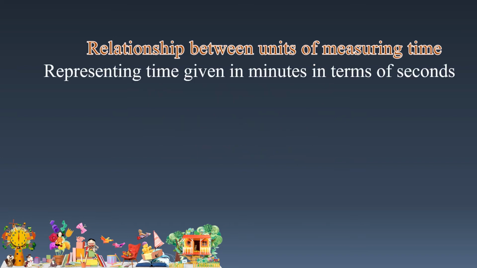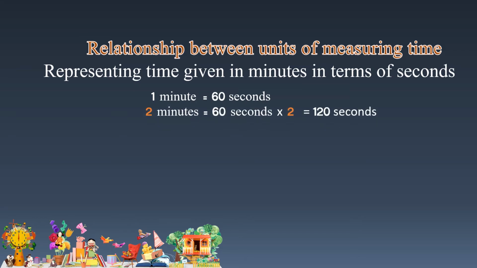Next, we are going to discuss representing time given in minutes in terms of seconds. 1 minute means 60 seconds. Therefore, when we want to find 2 minutes in seconds, we have to multiply 60 seconds by 2. So it equals 120 seconds.